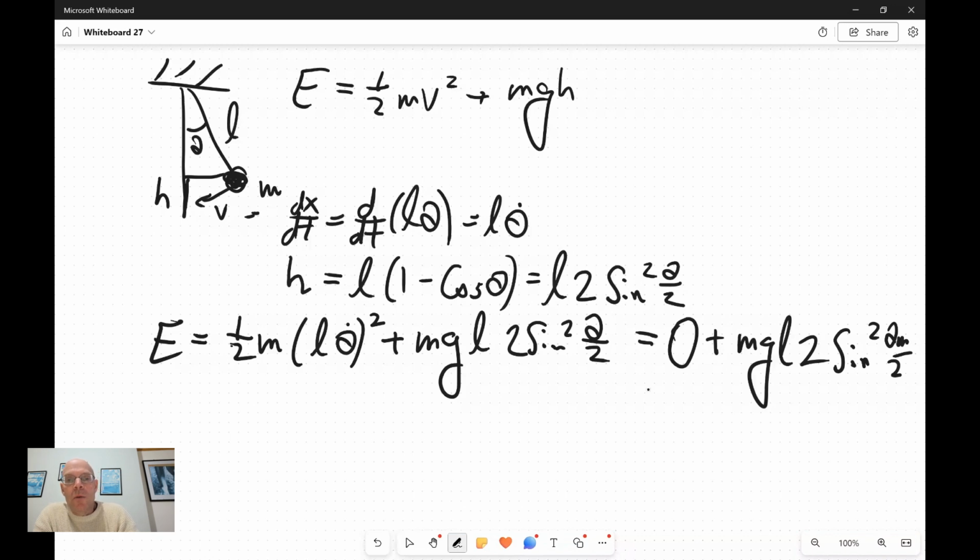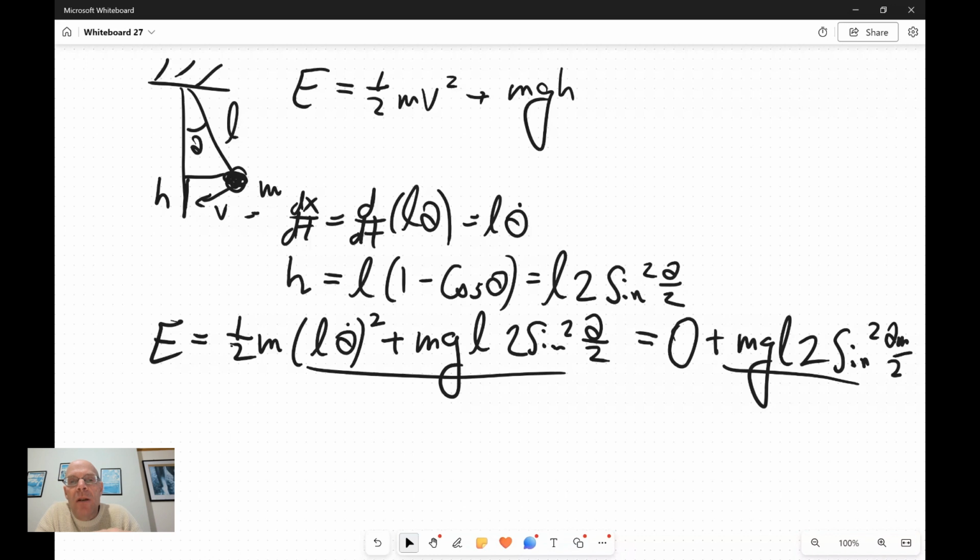So now I have an expression for the energy. I can equate the two sides of the equation. I can divide by the mass. The mass cancels. That's good because the mass shouldn't matter. It's the same mass that appears in the kinetic energy and the potential energy, and therefore it's irrelevant. That's expected. It's the same period for small mass or large mass.